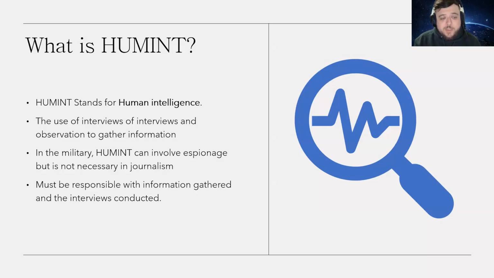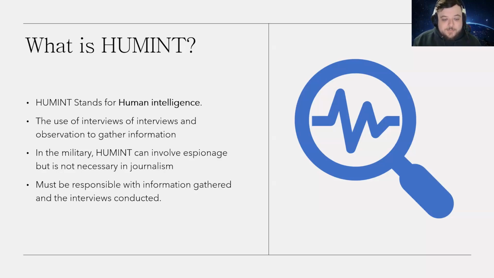HUMINT is more using interviews and observation to gather information rather than using open source information to gather information, right? Now the military, like I said, that can involve espionage and, in the world of journalism, you're obviously probably not going to be using espionage.